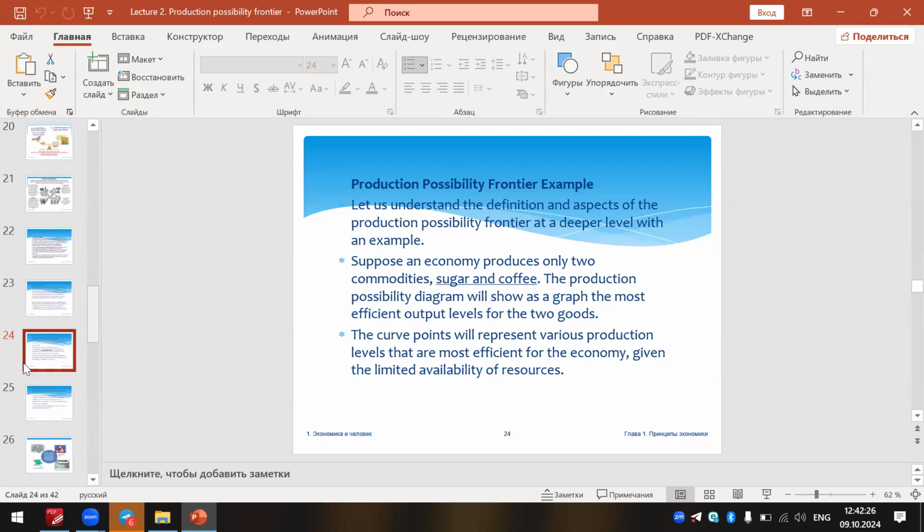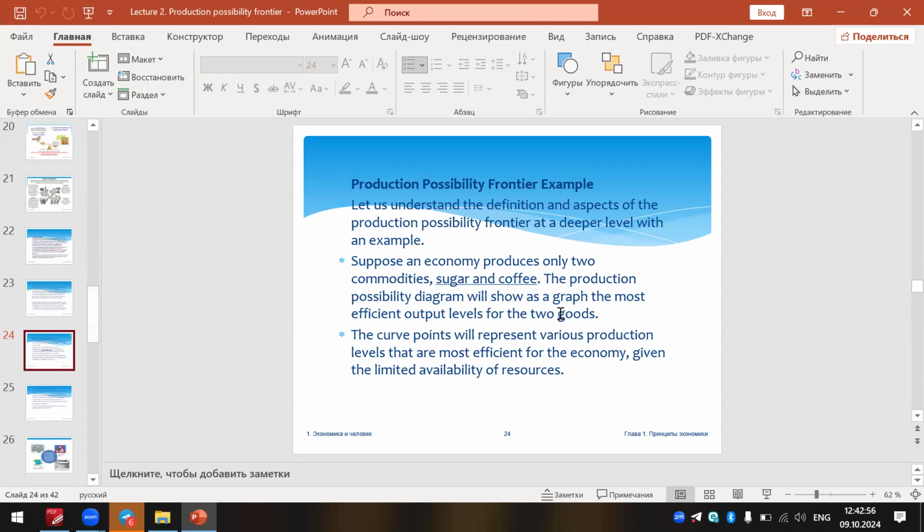Possibility frontier example, so that I told you, yes. So we understand the definition and aspects of production possibility frontier at a deeper level with an example. So if we suppose that the economy produces only 2 commodities, sugar and coffee, the production possibility diagram will show as a graph the most important output levels for the 2 products.